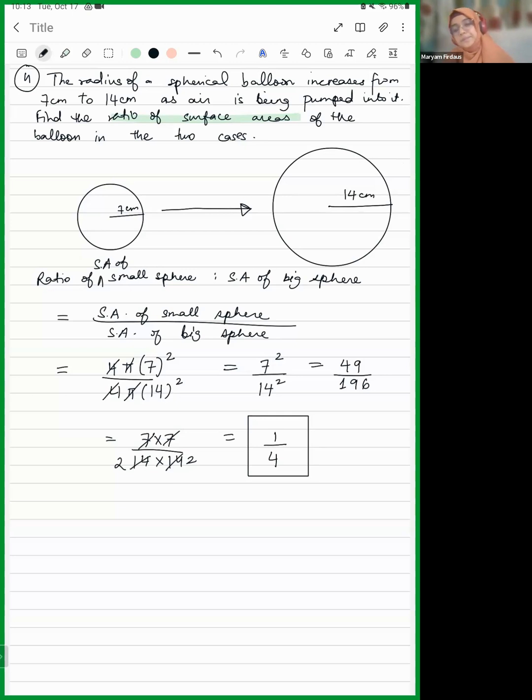Avni done? Yes, ma'am. The last step only. After that, note down the next question.